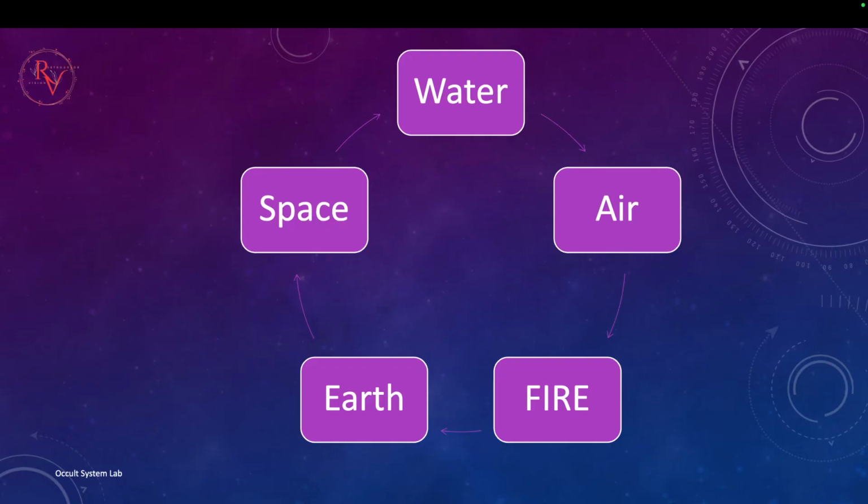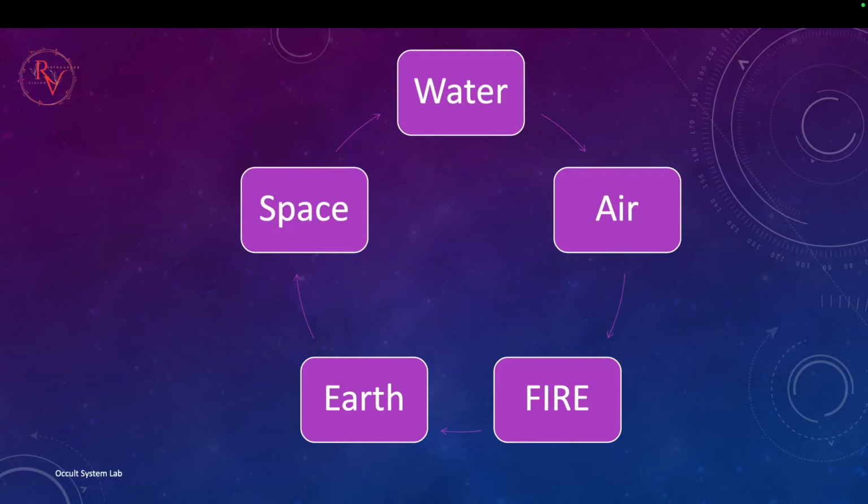So basically the 5 elements, from water we get air, from air, fire is created. From fire, earth is created. From earth, space is created. And then again from space, you see, it's basically connected. It's a cycle of creation. So from space, we get the rain, right? So water. From the water, it gets evaporated and it forms air.